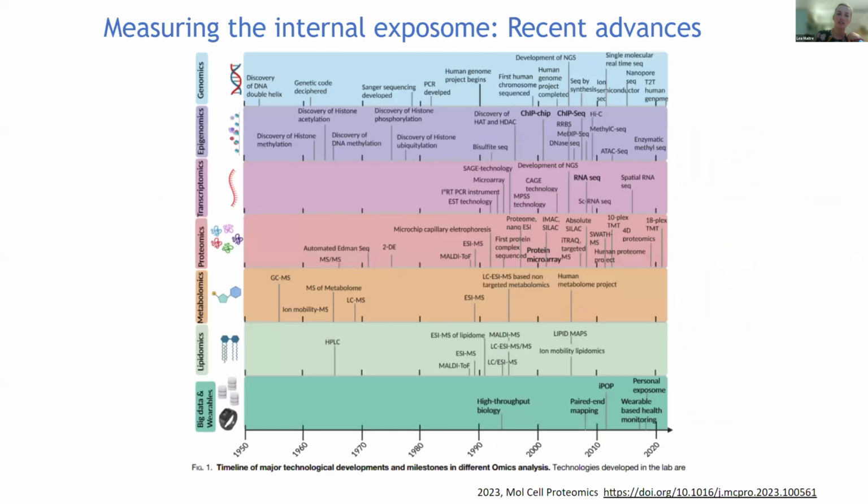And this integration into exposome studies is linked to key advancements in technology. And here I'm showing some milestones in different omics analysis. You can see from the 60s where we started to be able to decipher the genetic code. It took a while until we could actually analyze the transcriptome, actually in 2010.